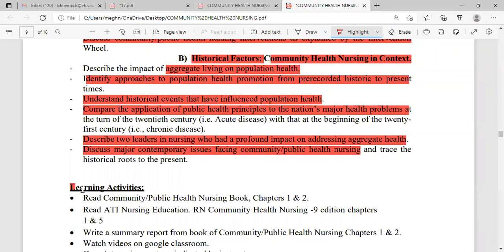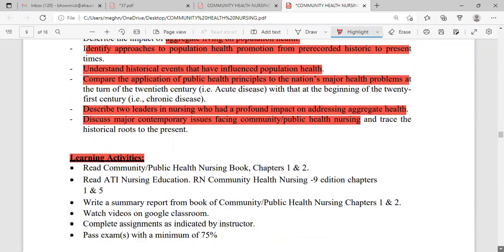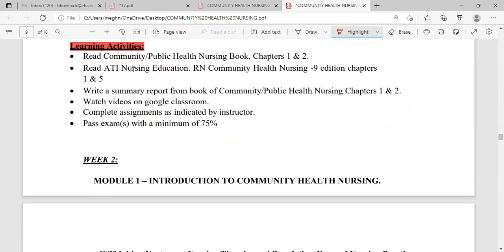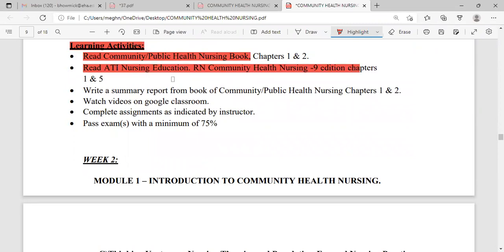And now go for learning objectives from here. The objectives mean read the community and public health nursing book, or read the ATI nursing education RN community health nursing book, 9th edition, chapters 1 and 5.